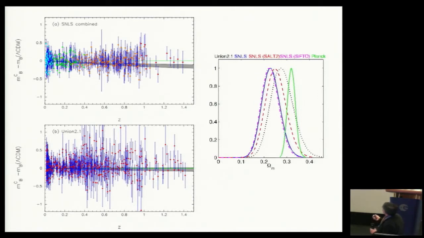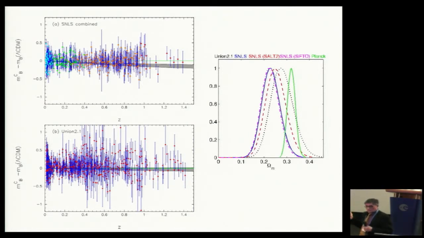The Union 2 sample is shown by this black dotted line. Posterior, that's okay. And then if we separate out, analyzing the different light curve fitters for SNLS, so this is with the SALT-2 light curve fitter, that is then more compatible with Planck. And the SiFTO, which actually dominates the weight in the combined sample, is, again, almost 2 sigma away.